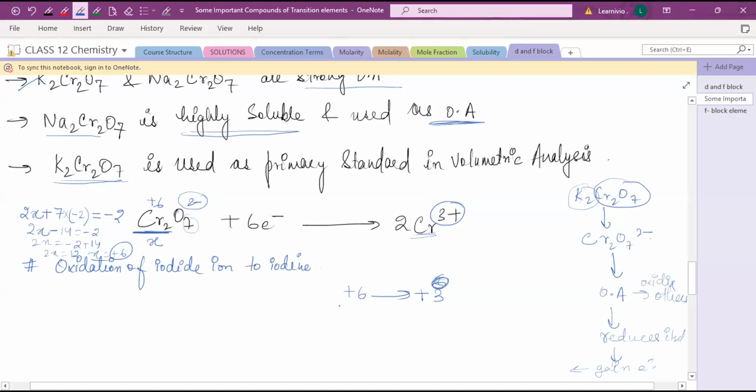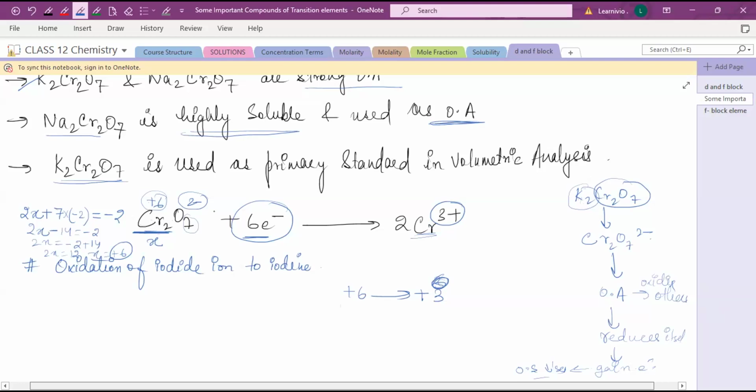Gain of electron, that's why +6 to +3. When reduction happens, the oxidation state reduces, from +6 to +3 for chromium. It means chromium is undergoing reduction. Reduction is the addition of electrons. You are adding electrons, so there is a gain of electron, which means reduction. So chromium is undergoing reduction.